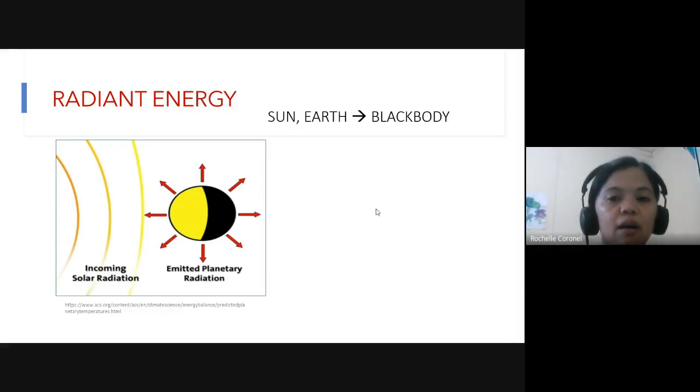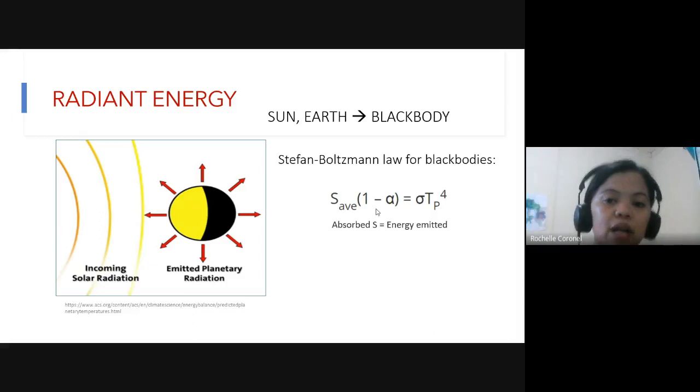So the sun and the earth are approximately black bodies, and these black bodies are actually governed by a universal law, the Stefan-Boltzmann law for black bodies, which is given by this equation.